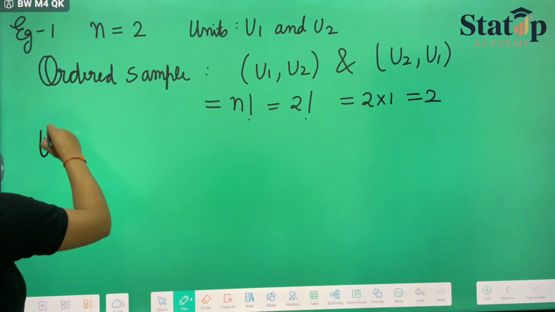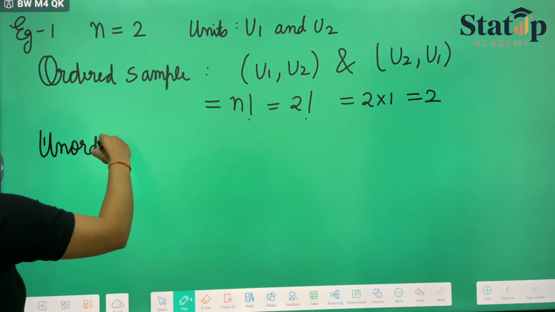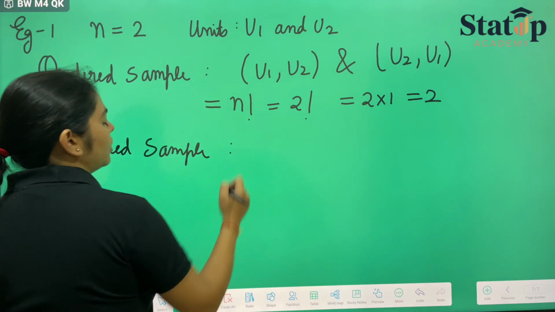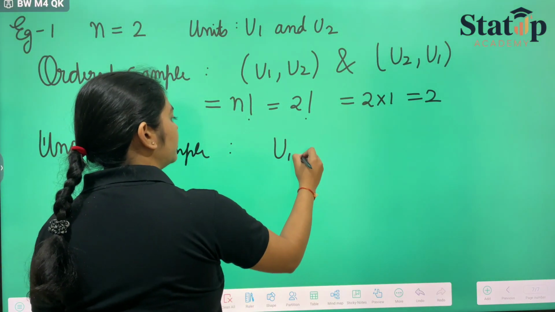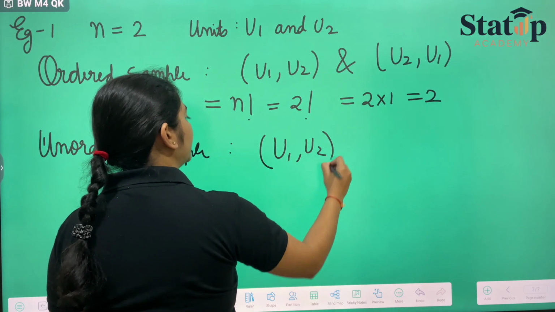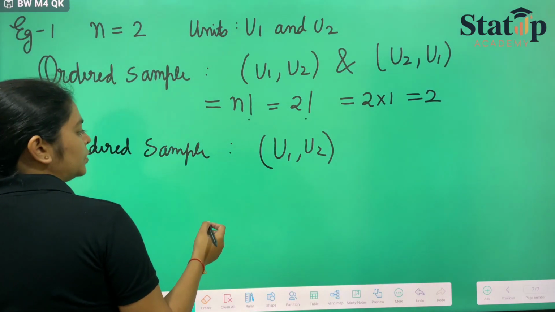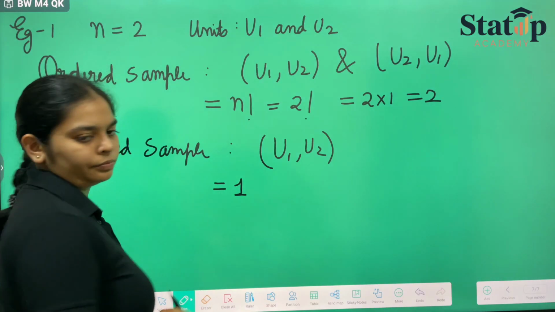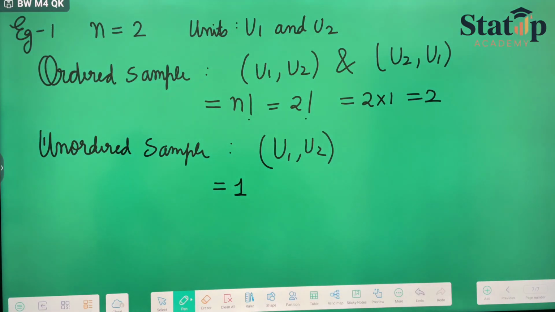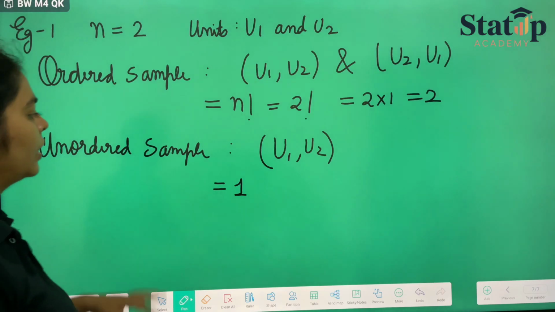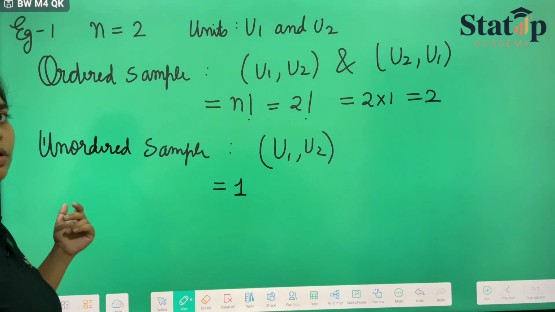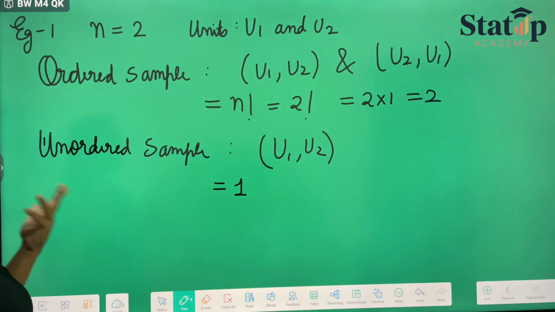Now if we do the unordered sample, the unordered sample would be U1, U2, and it will be equal to 1 only. We don't know about the population, so we are considering the population as 2 only.